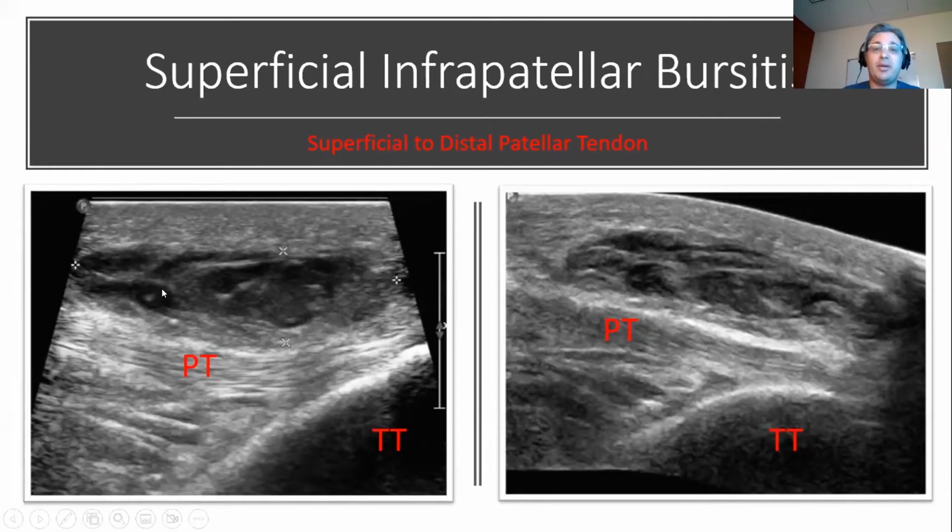Again, we need to be aware that there is a named bursa in this area, the superficial infrapatellar bursa, which triggers our understanding that this complex mass may very well be bursitis rather than something more concerning like a soft tissue sarcoma.